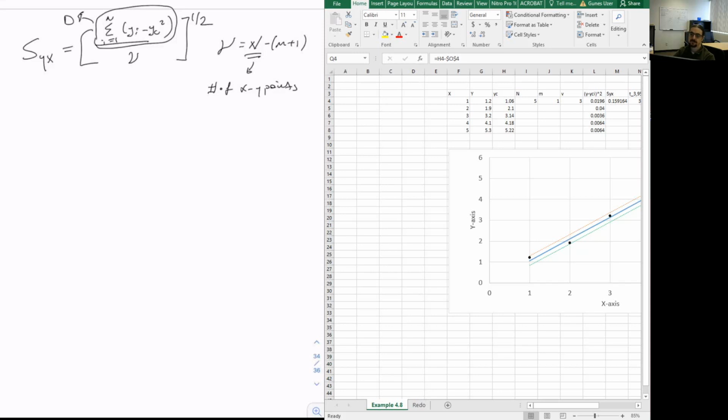in your graph, okay? So then the confidence interval can be defined as yc, which is the polynomial value at point x, plus minus a t value with certain degrees of freedom, which is this degrees of freedom here, times the standard deviation of y(x), divided by the square root of n, okay?